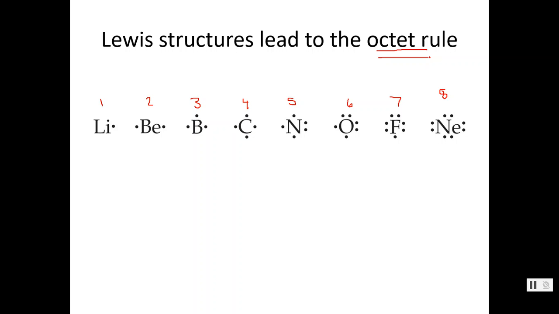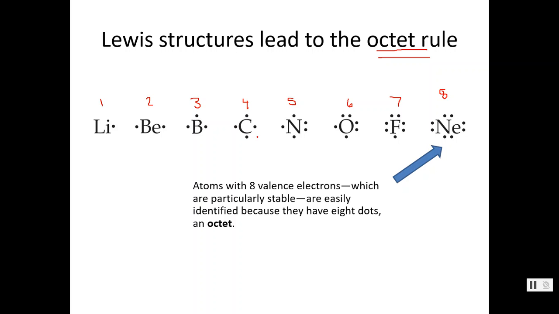Because they are very stable and unreactive, elements like to have the same number of valence electrons as their closest noble gas. So that leads to something called the Octet Rule. Octet meaning 8.